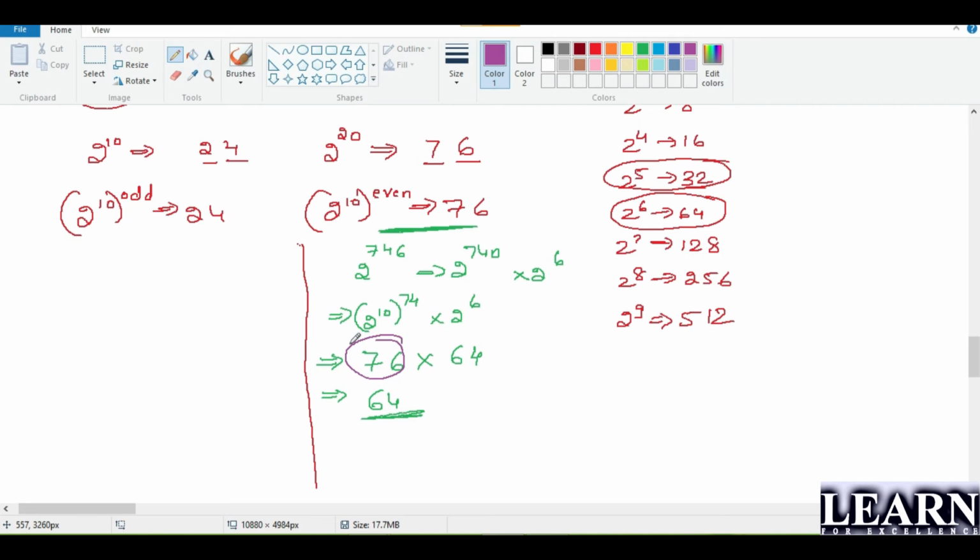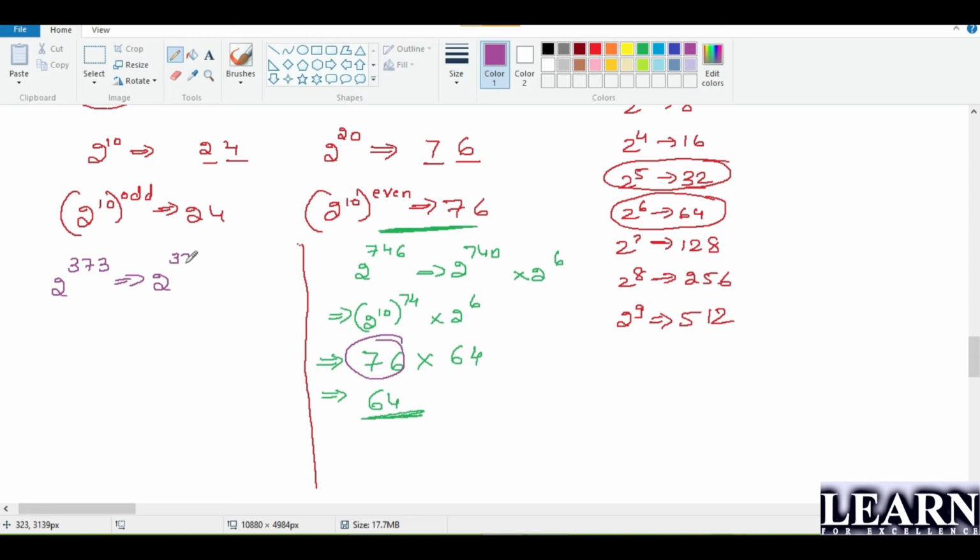Right? I'll give one biggest shortcut, guys, without actually splitting it. This will hardly take 5 to 10 seconds to solve. Now I'll let you know how to answer it within 1 second, guys. Before that, I'll go to odd here. So I'll go with 2 to the power 373.